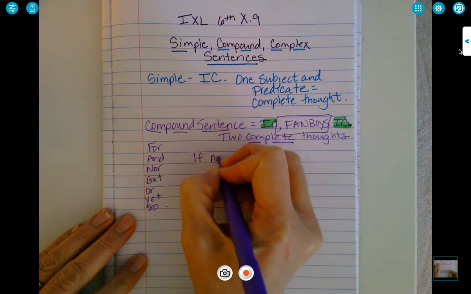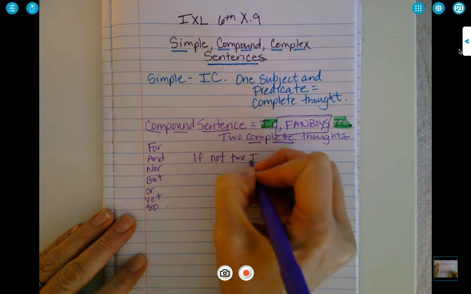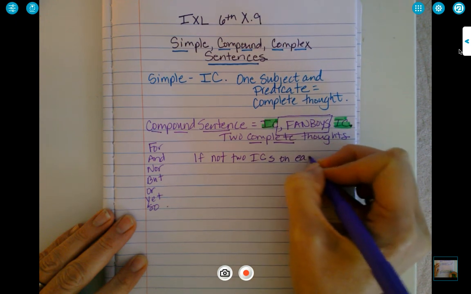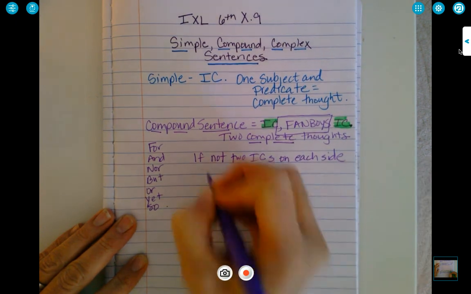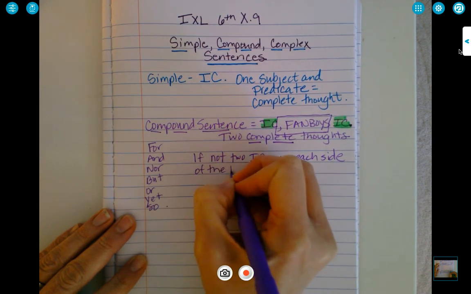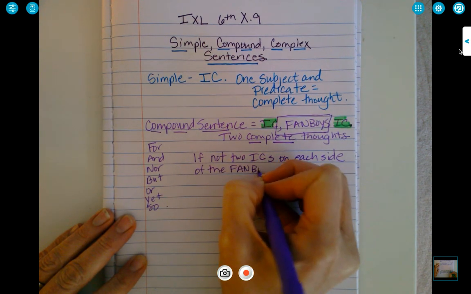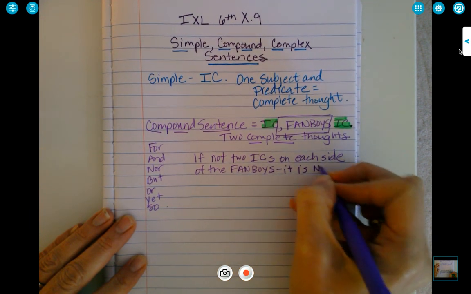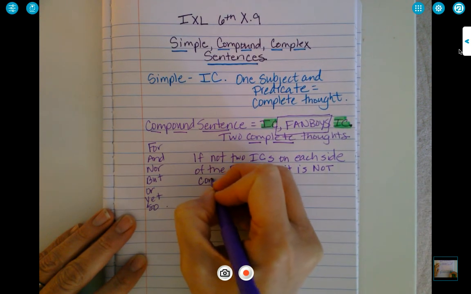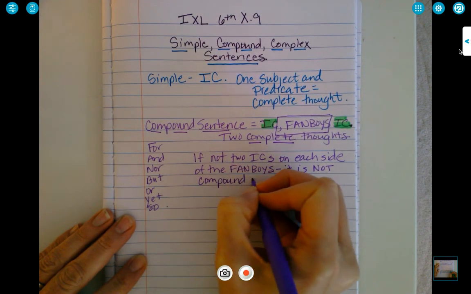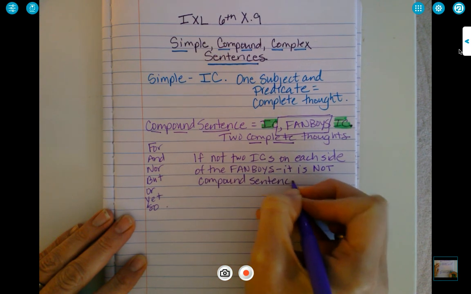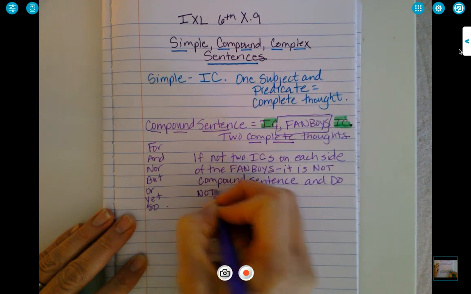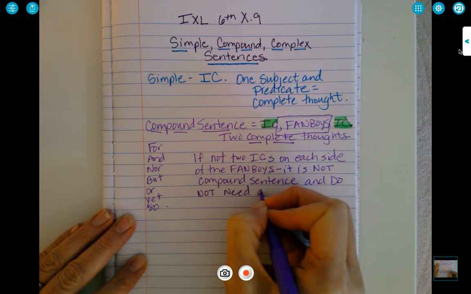If there are not two ICs on each side of the fanboy, it is not a compound sentence, and you do not need a comma.